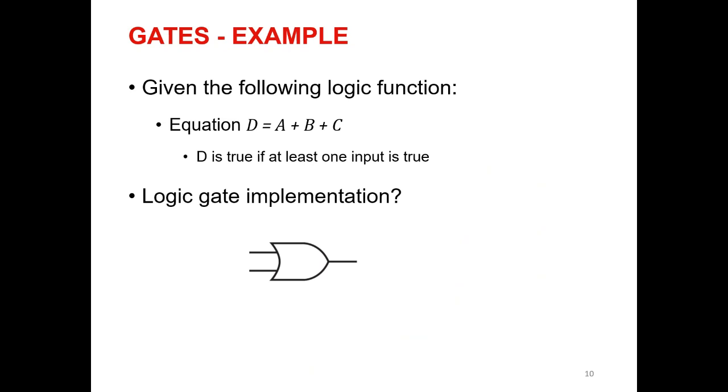The inputs will be A and B, and this will give us A or B, the first part of equation D. And then we will continue. We will add another OR gate, and in this case, what is missing is the input C. So we add here the input C, and finally the output will be D. And this output will actually be A or B or C. Okay?